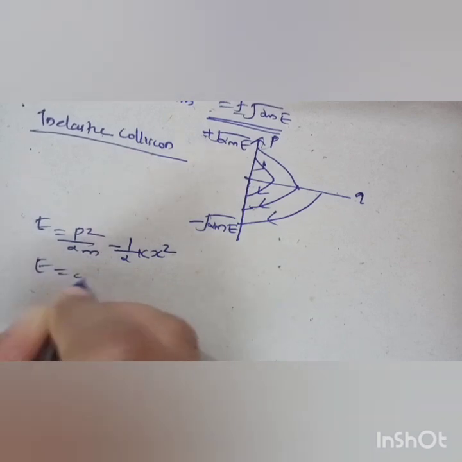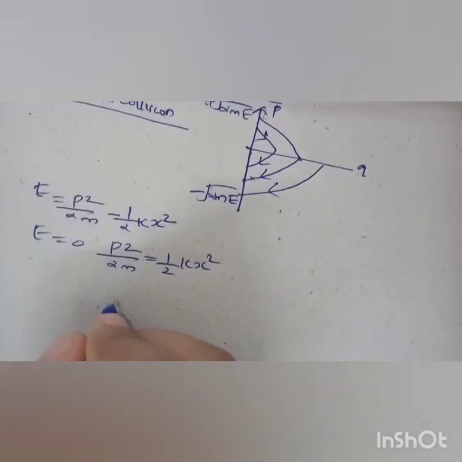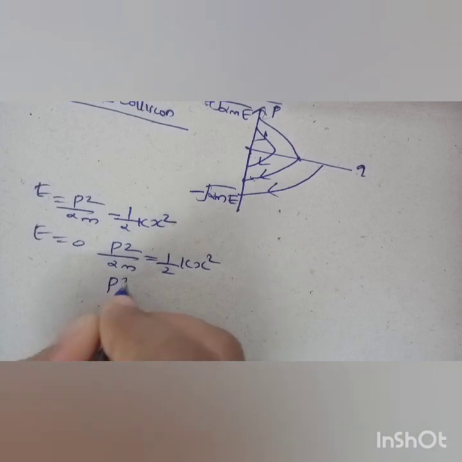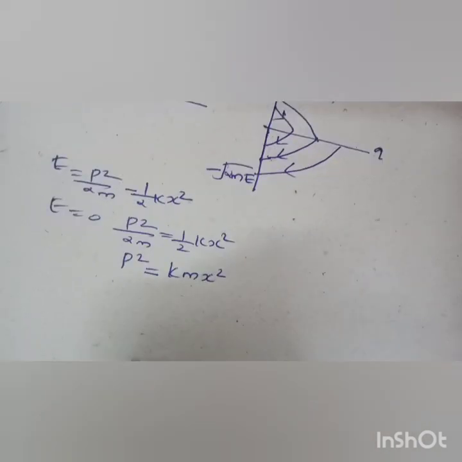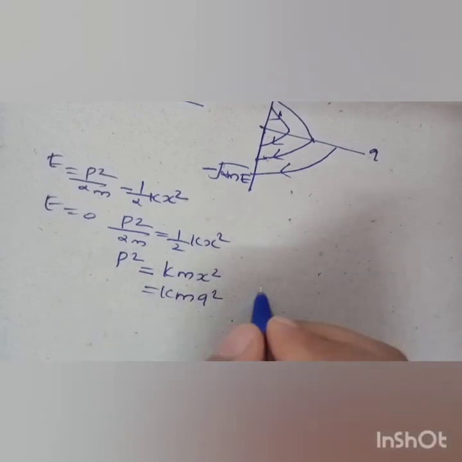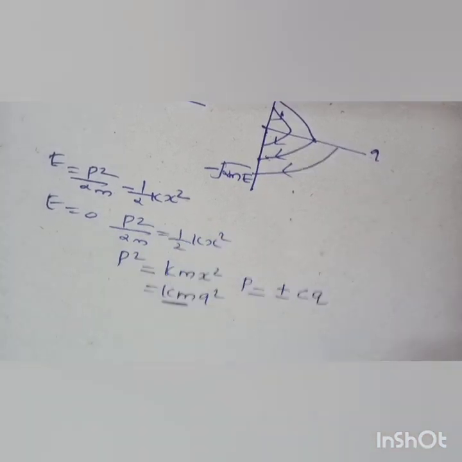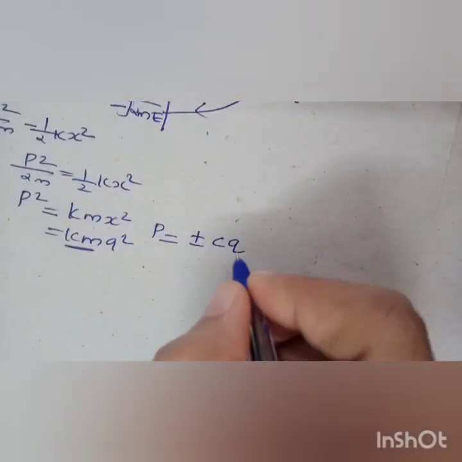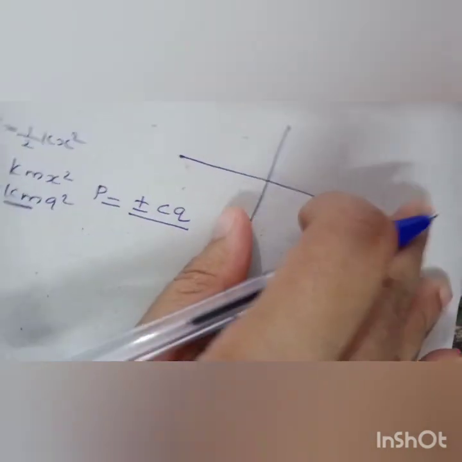When you consider energy equal to 0, p square by 2m is equal to half kx square, so p square is equal to kmx square, where x is written as q. So p is equal to plus or minus cq, since km is a constant. So it is in the form of y is equal to mx.